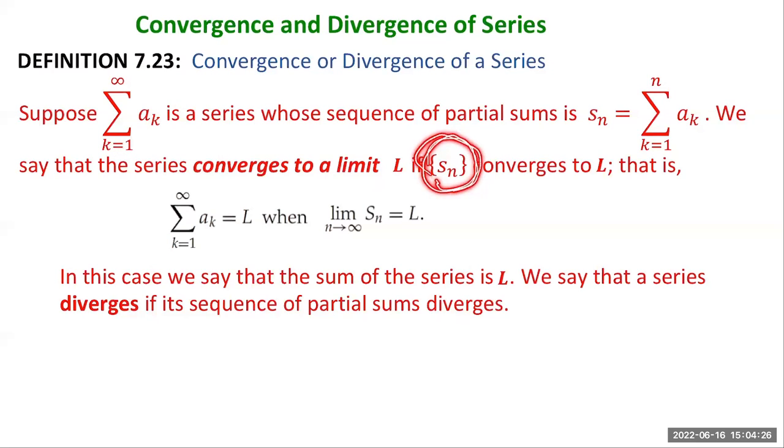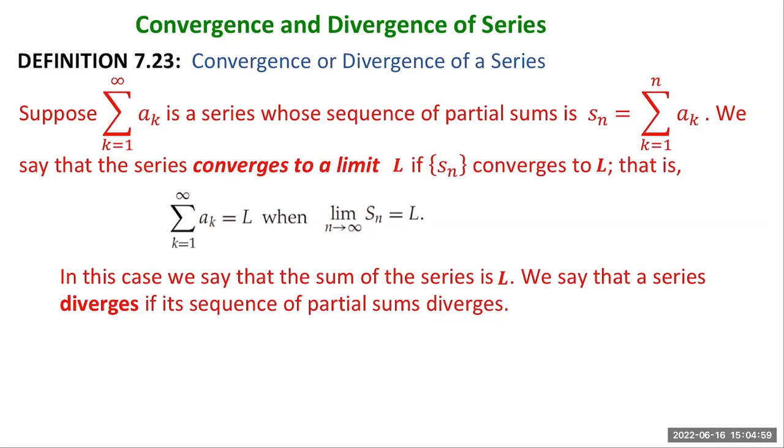If the sequence of partial sums converges to some L, the series also converges to the same L. Or in other words, the summation k goes from 1 to infinity of ak is equal to L when the limit of the sequence of partial sums is L. That's what it simply tells you.